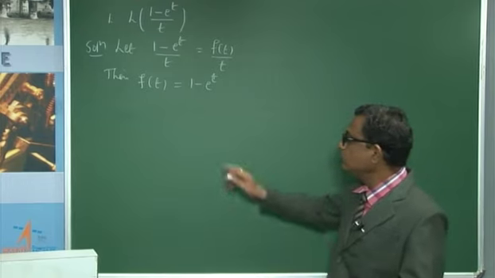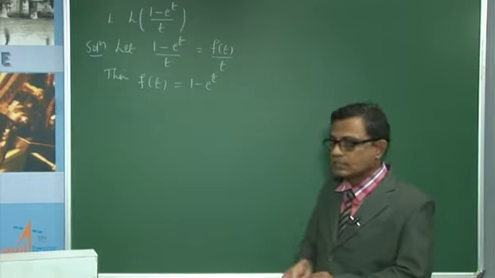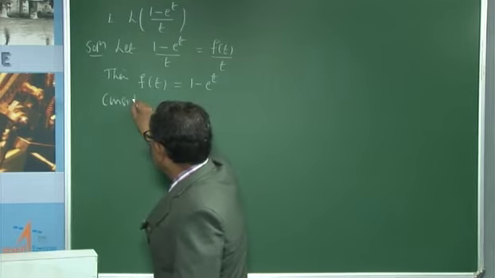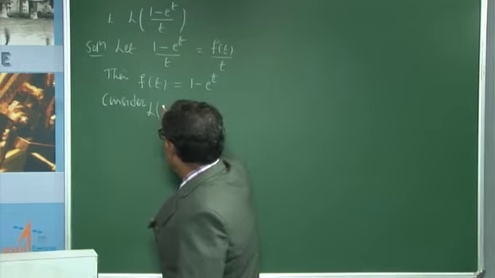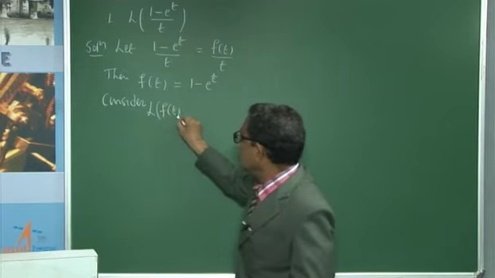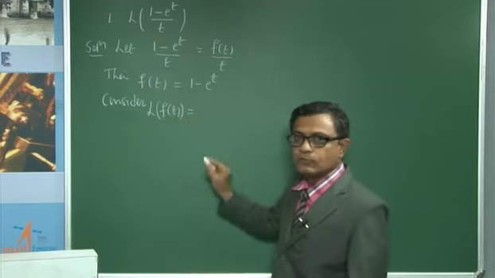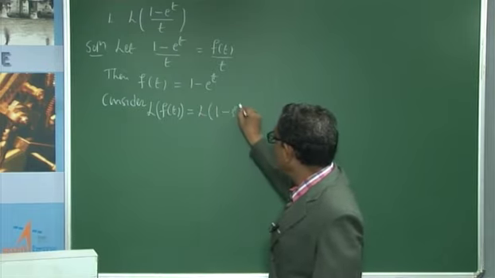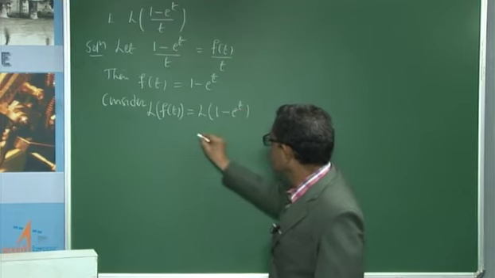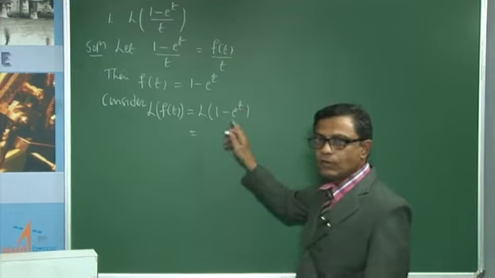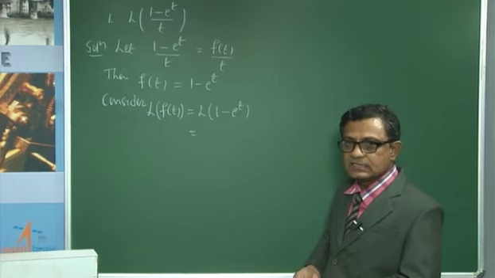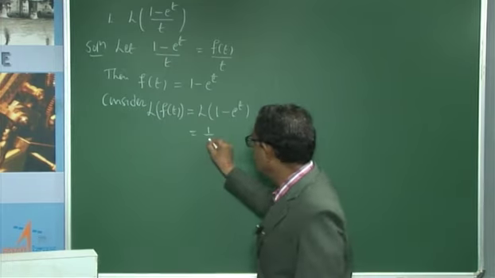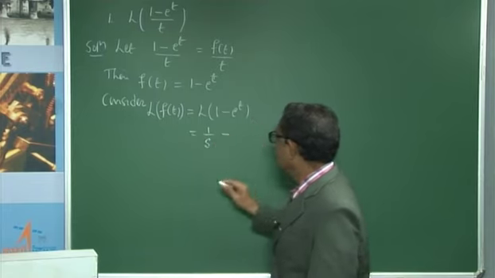How are you going to find the Laplace transform? L of f of t is L of 1 minus e raised to t. Then L of 1, we know the basic standard formula, is 1 by s, minus the second term.